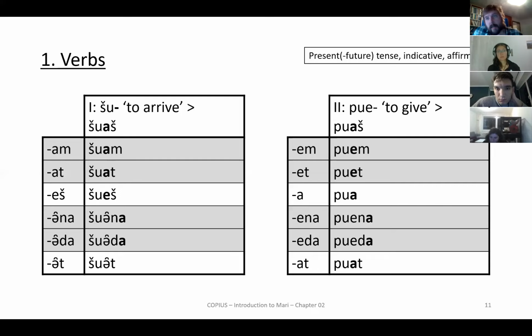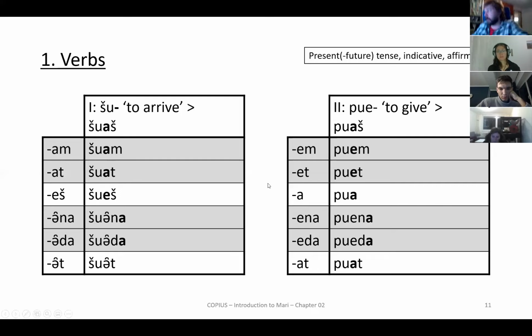And when we get to that stage, we can also learn some things about how sometimes the phonotactics can tell us which conjugation a verb cannot belong to: it cannot belong to the first conjugation class, because it would not be possible to pronounce a stem that ends in this consonant cluster without violating the rules of Mari phonotactics. But we'll get back to that.